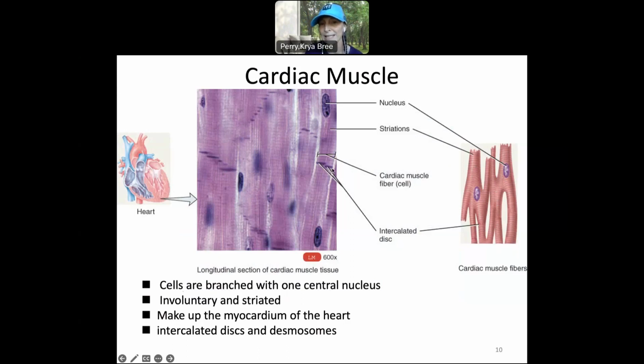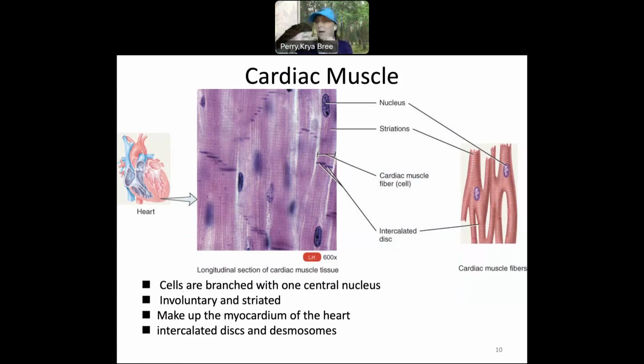Here's some intercalated discs. And so this is going to be where one cell is going to connect to the next cell. And you're going to have these, what are called intercalated discs, where you actually have connections like gap junctions between one cell and the next cell. And you also have desmosomes holding those cells together so that as they contract, right, they don't pull apart from each other.